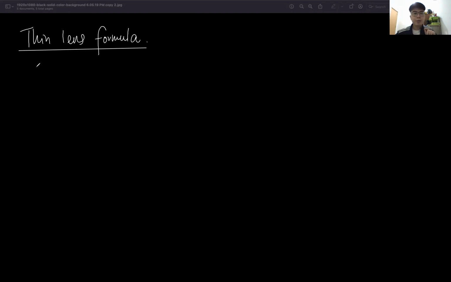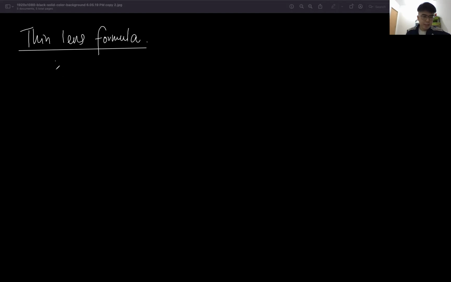Whichever method you use, you will arrive at the same result, just depending on what the question wants you to use. So here, again, we will do the calculation to find the image characteristics.